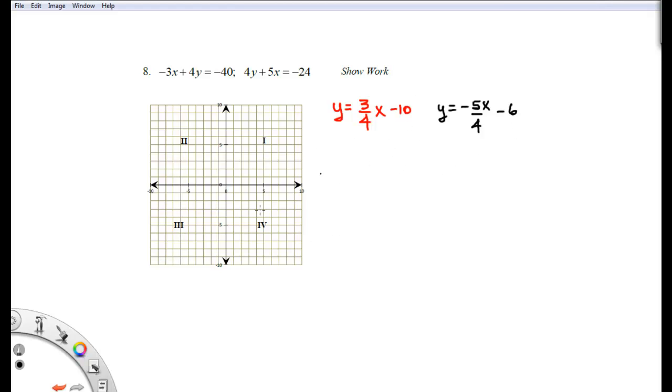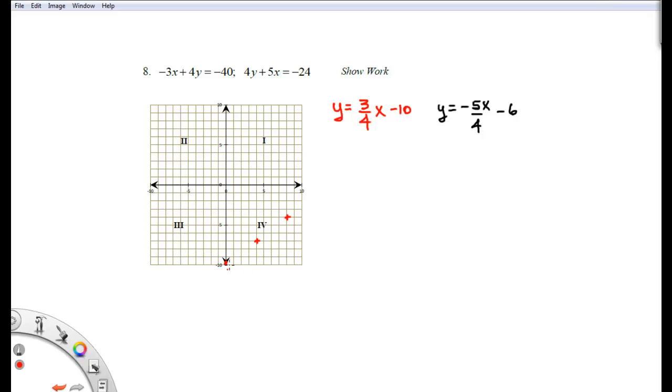Let's go ahead and graph equation A now. I started at -10. This is a positive slope, so I go up 3, to the right 4. Up 3 squares, to the right 4 squares, and that looks like that's as many as I can get. I think I counted that wrong. So 1 2 3, 1 2 3 4, 1 2 3, 1 2 3 4. I think I did count that wrong the first time.